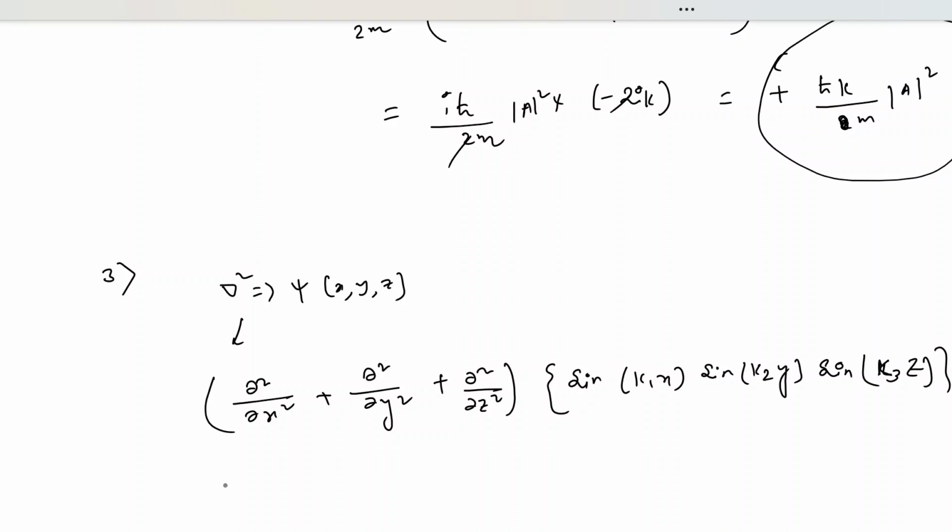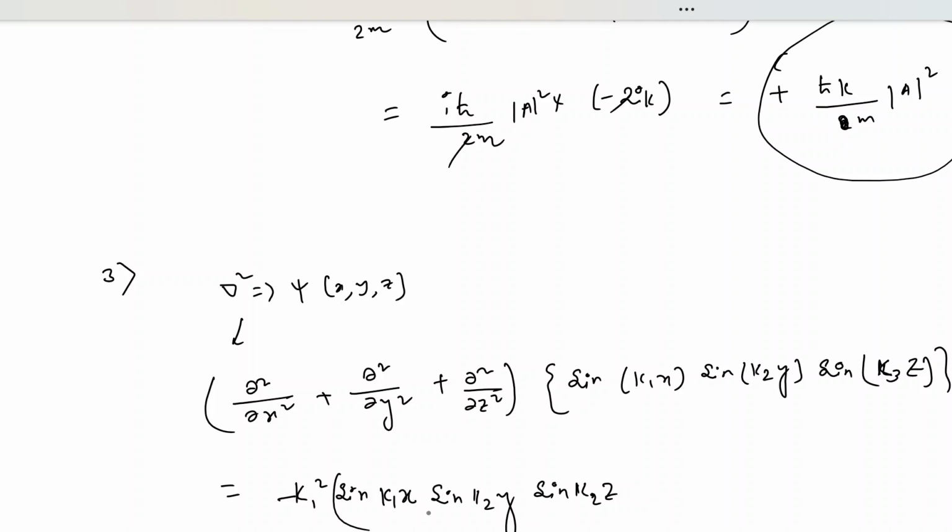Okay, so if you take the double derivative, only the x part will contribute for d2 dx2. So this is k1 squared sin to cos, and again cos to minus sin, so this is minus k1 squared sin k1x. Similarly, for the other terms you will get similar things. The sin k2y and sin k3z will remain unchanged, because the derivative with respect to x will not affect those.